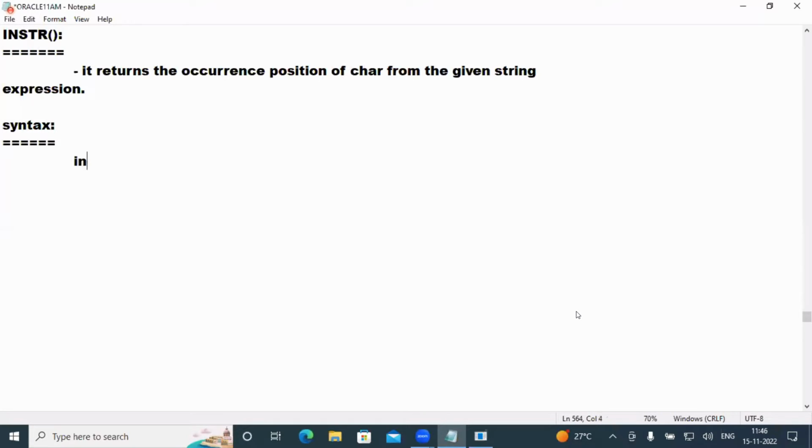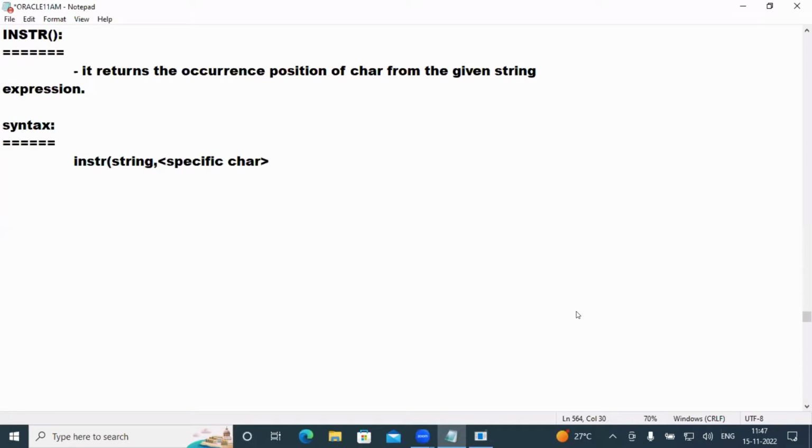What is the syntax? InStr of a string expression. Here I need to pass which occurrence position of the character you want. So carefully observe the string, and now I'm passing a specific character.